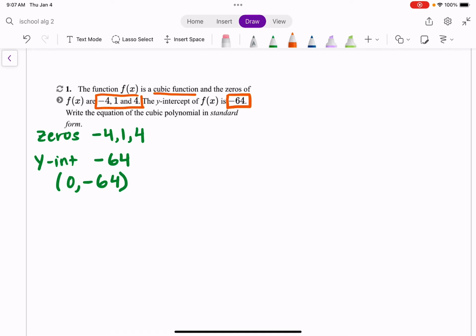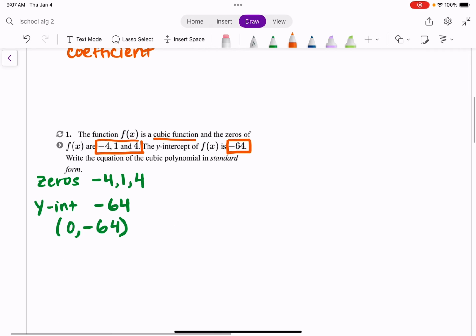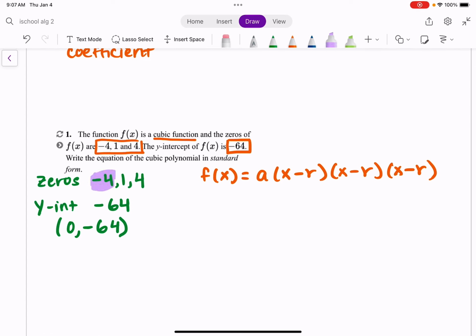So we're going to use our general form that we talked about here, right? So I'm going to just rewrite it, f of x. You don't have to rewrite it if you don't want to. And what I'm going to do is substitute my zeros, right? Roots and zeros are the same thing. I'm going to substitute them in for the r's, okay?